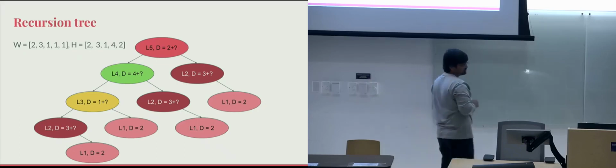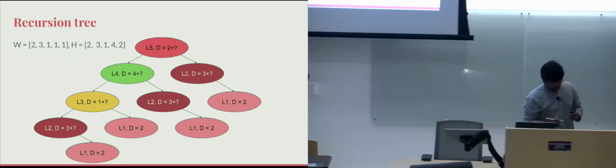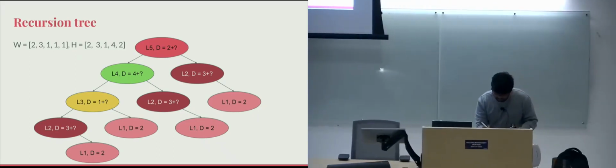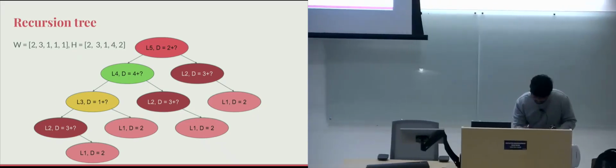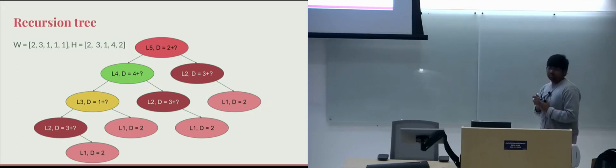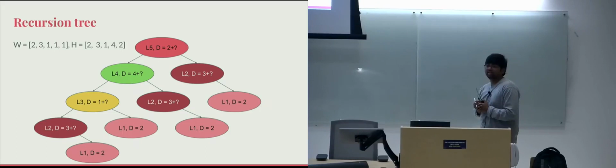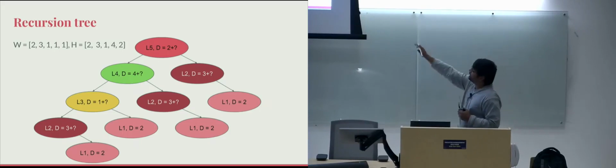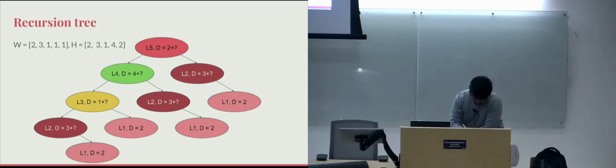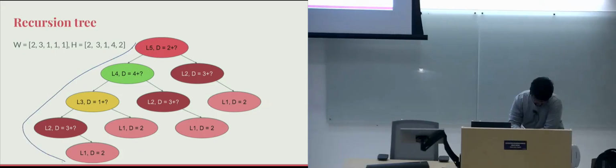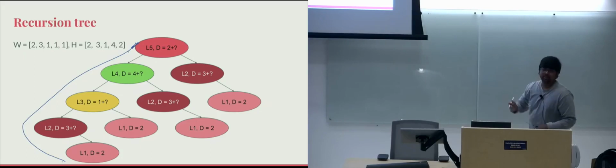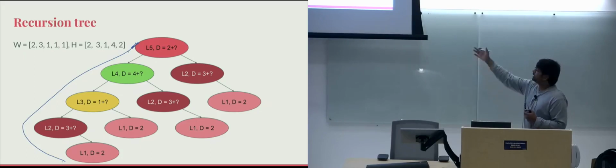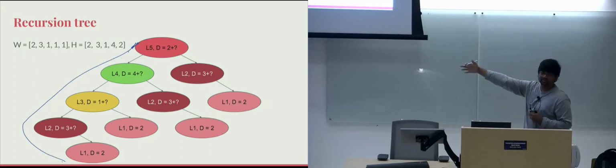Okay, so this is the recursion tree, and there's one more interesting thing: how do you actually calculate the whole value here? If you have this recursion tree, and let's say you choose to go this way, this is how you decided to beat your game. What will be your total damage in this case?